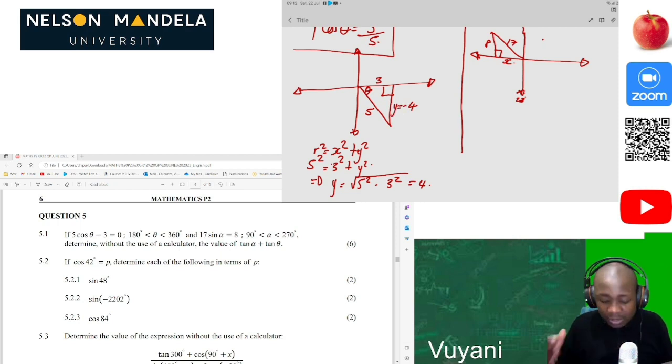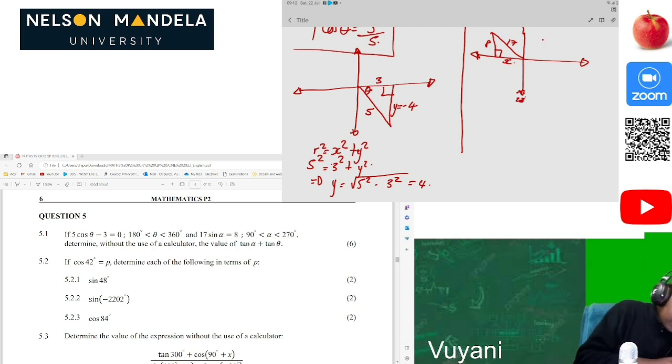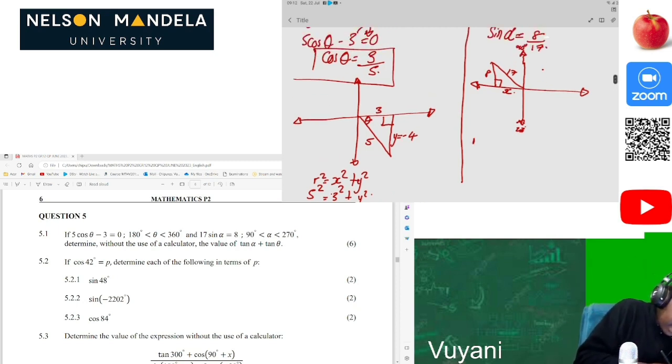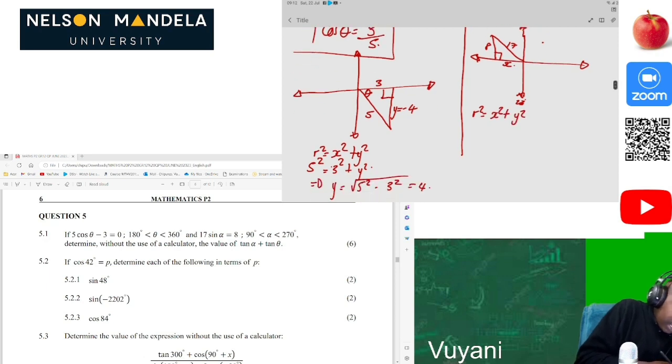Those are the interpretations which are important. Now let's look for the value of x here. Again, r squared is equal to x squared plus y squared, so 17 squared equals x squared plus 8 squared.